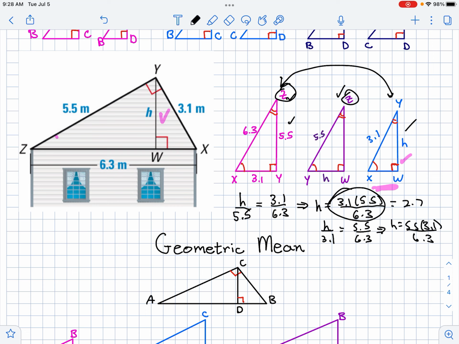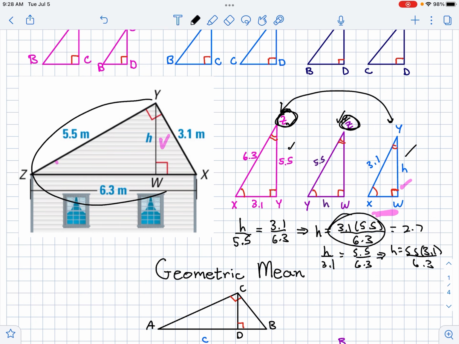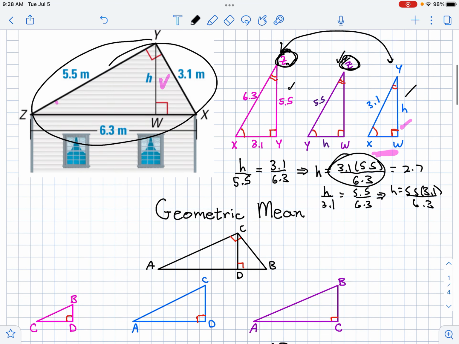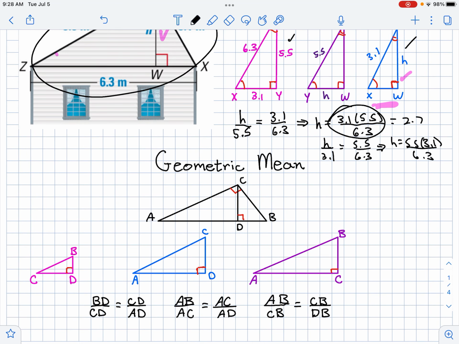I just flipped it around. But that's something you have to pay special attention to, and pay attention to the angles. The Z is on top over here, the Z is on top over there. But what I like to always do is take a mess like this and just break it down into my three triangles. Okay. Now, the next thing we want to look at in this section is the geometric mean.